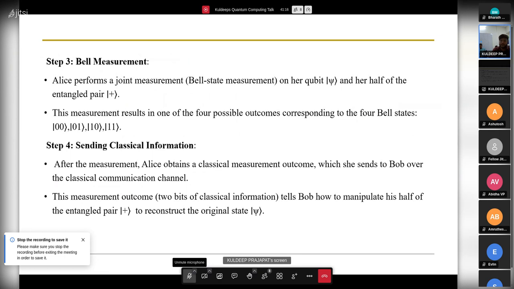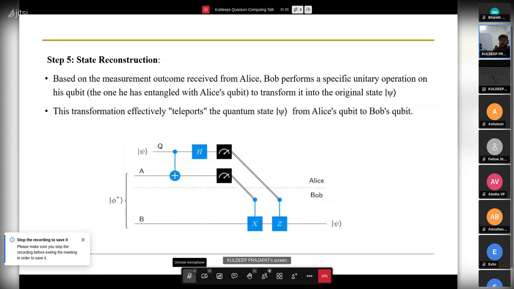This measurement outcome tells Bob how to manipulate his half of the entangled pair to reconstruct the original state. Based on the measurement outcome, Bob will perform some unitary transformation on his qubit, and he will get the original state.